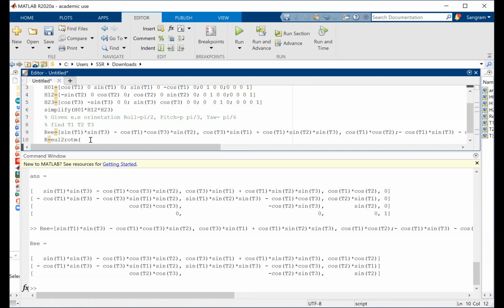And there is a specific way this needs to be defined. I'm going to write this down because you may use it a lot.